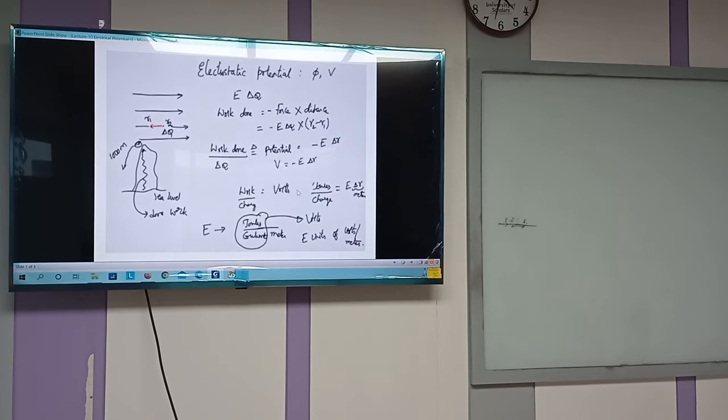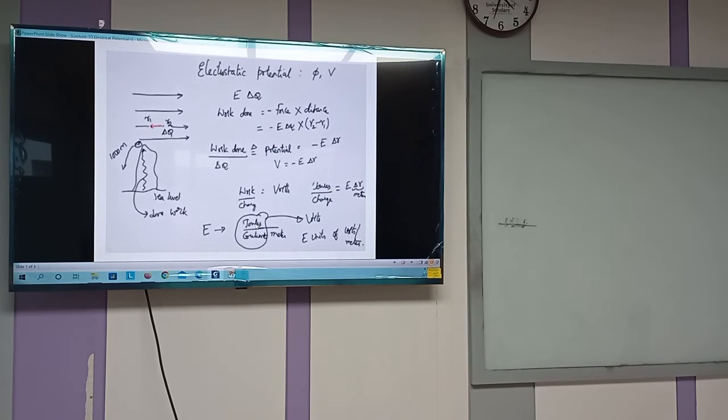So the unit conversion is shown over here. Work divided by charge is equal to volts. Okay? Work is in joules, and we know that voltage is equal to E times del R. So del R is in meters.